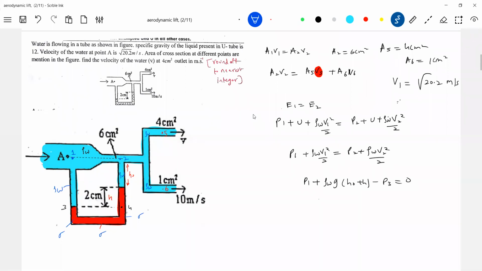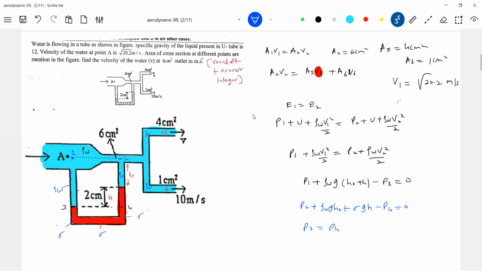Similarly, write the manometric equation on the other side: P2 plus rho W G H naught minus sigma plus sigma G H minus P4 equal to 0. The pressure at 3 and 4 should be equal, as they lie on the same horizontal line.